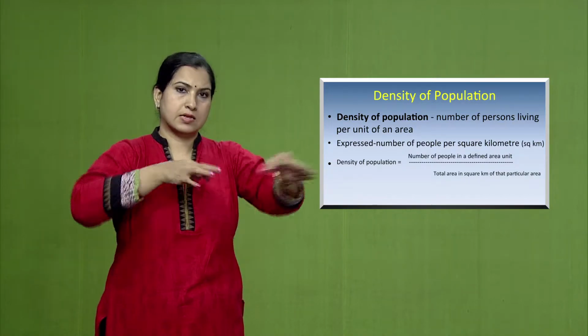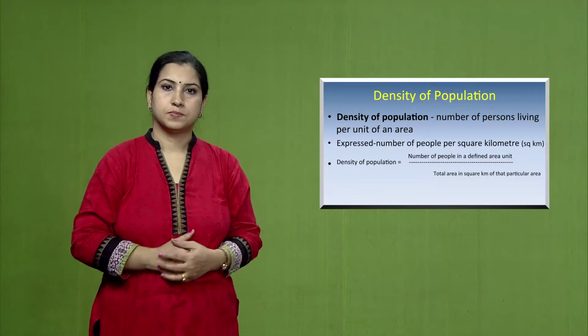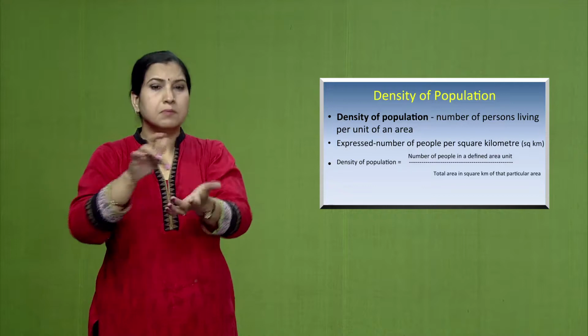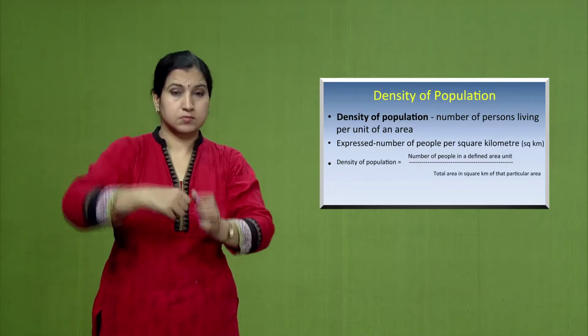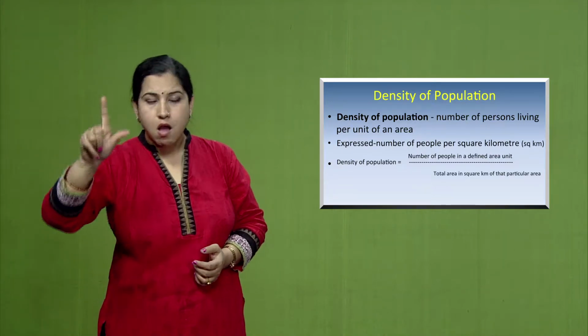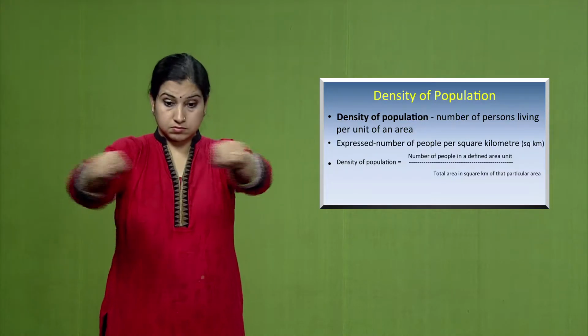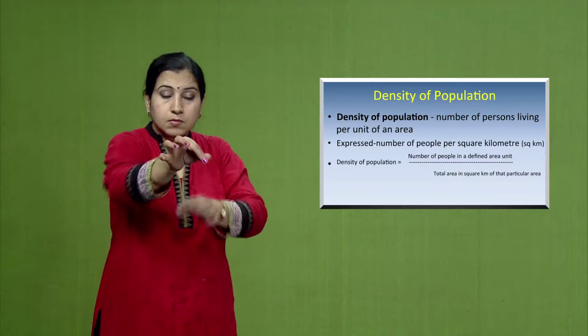For example, let us assume that the population of a district is 2,50,000 and its area is 1,000 square kilometer.